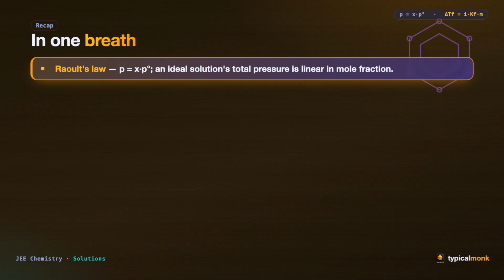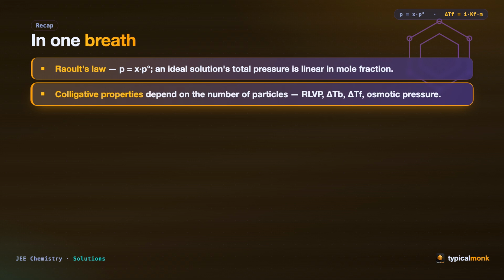Let us gather it all in one breath. Raoult's law, P equals x times p°, and an ideal solution's total pressure is linear in the mole fraction. The colligative properties depend on the number of particles: relative lowering of vapor pressure, boiling point elevation, freezing point depression, and osmotic pressure.